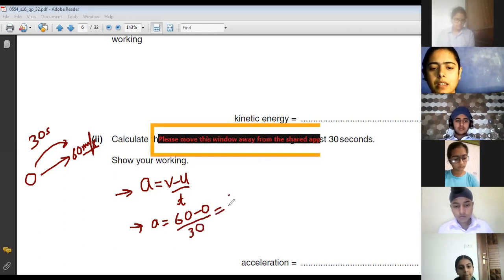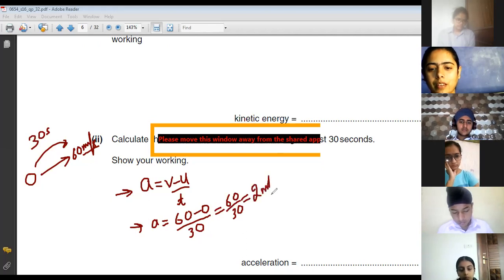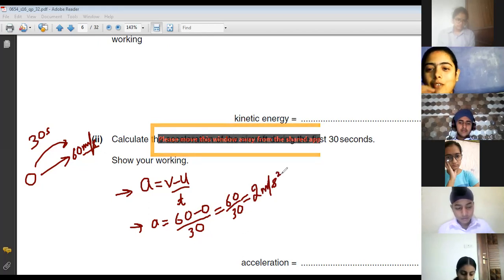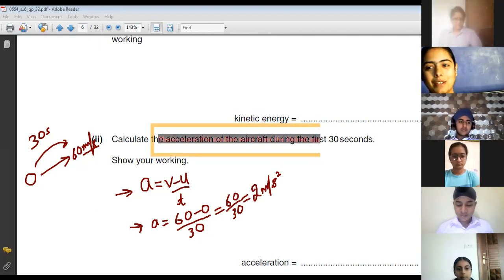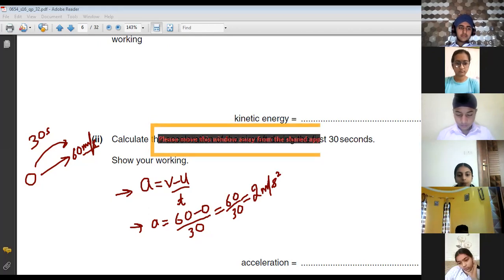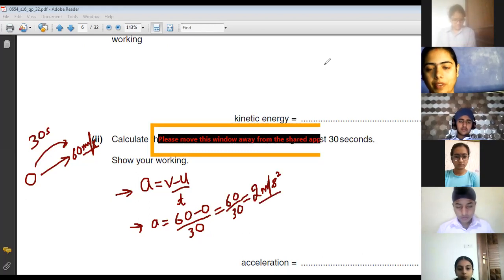So 60 minus 0 is 60, divide by 30. For this division, a calculator will not be used. And I'm sure that the majority of you have used a calculator in doing this. Yes or no? Honestly, tell me how many of you have used. No? Chalo, that's a good thing. So it is 2 meter per second square. Done?